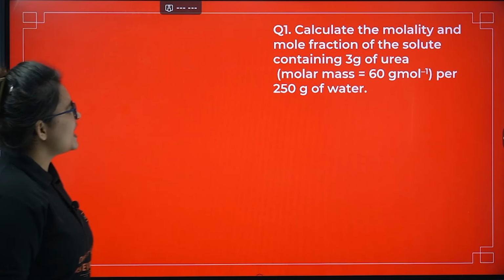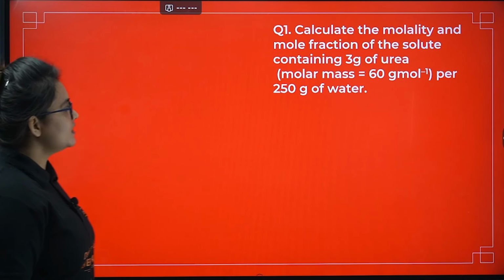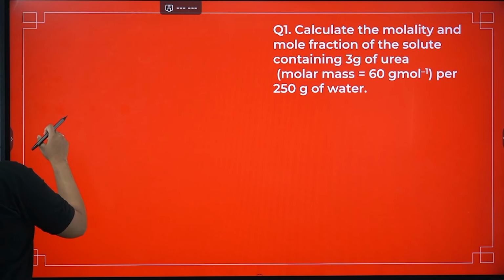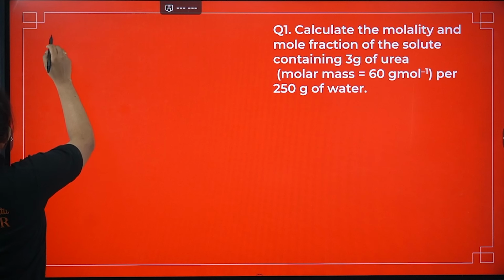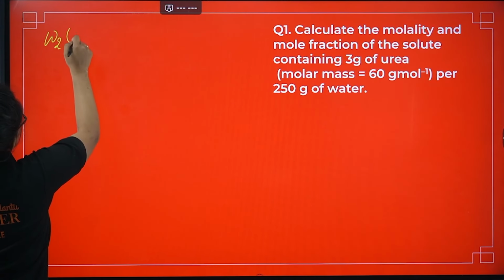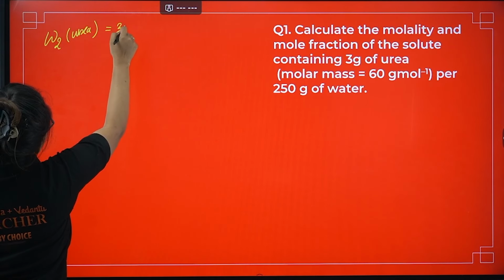Calculate the molality and mole fraction of the solute containing 3 gram of urea per 250 gram of water. So let's write what are the given things. Solute is urea, and it is given as 3 gram.